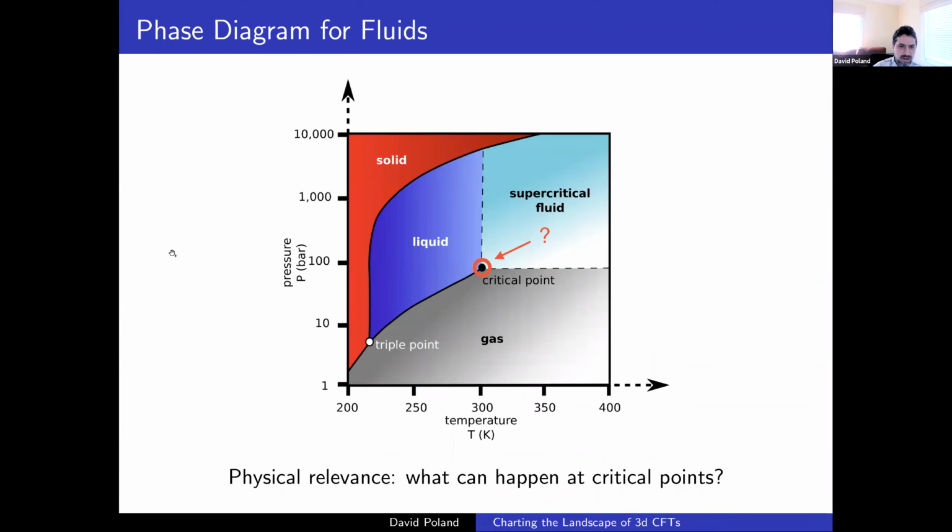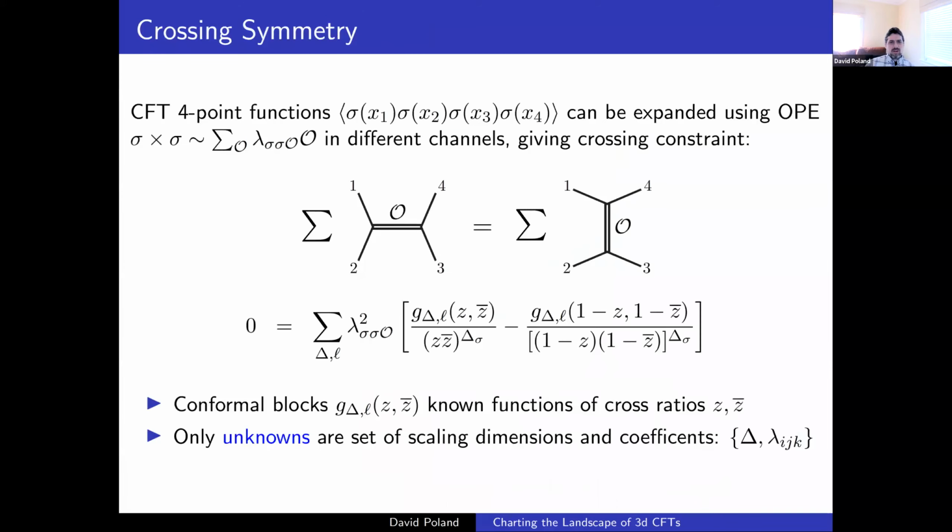That in turn means that there's lots of experimental data about critical exponents, power law behaviors associated with critical points in a variety of different materials. And these critical exponents can be directly related to observables in a conformal field theory describing the critical point, in particular, the scaling dimensions of operators.